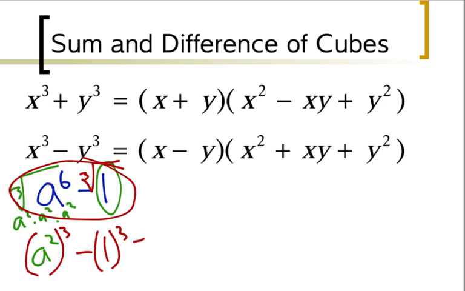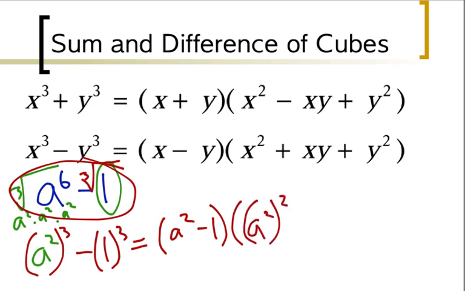So we can actually factor this to be a squared minus 1 times a squared squared. I know that's weird, but a squared squared plus a squared times 1, which is just a squared, plus 1 squared.